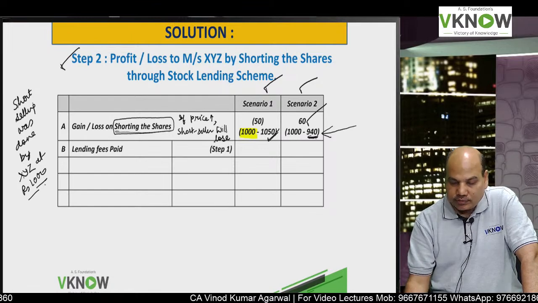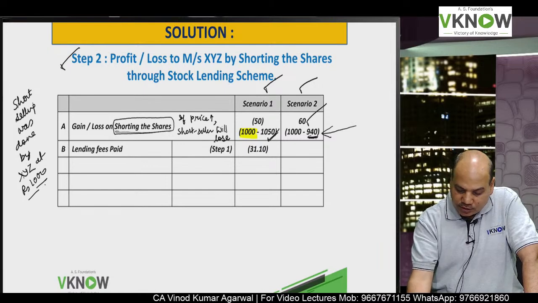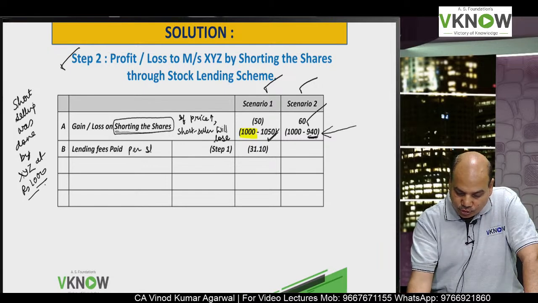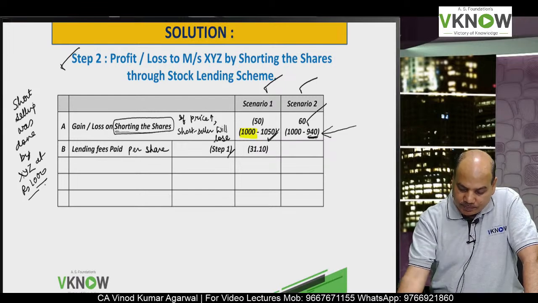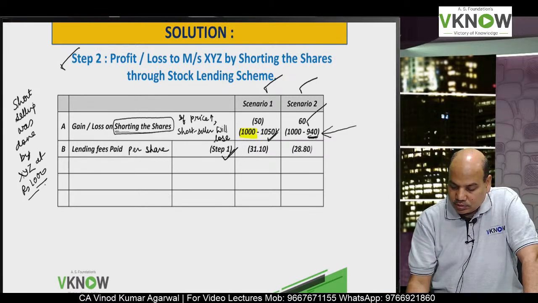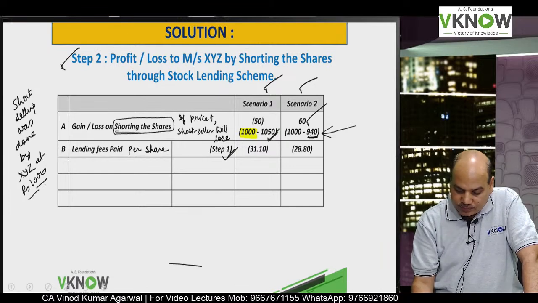Lending fees paid, already calculated, lending fees paid per share. Go to previous step 1, and in step 1 you will find lending fees 28.80.